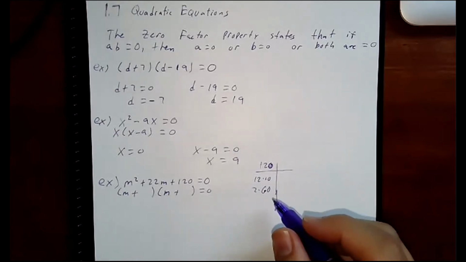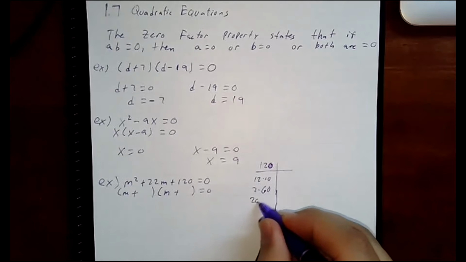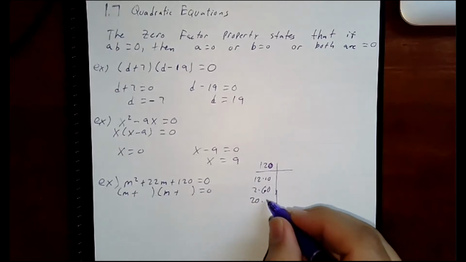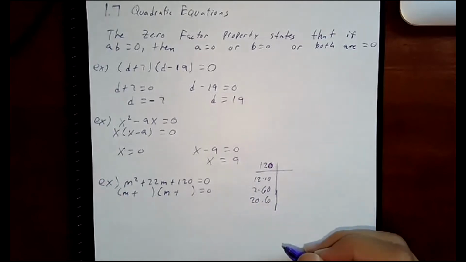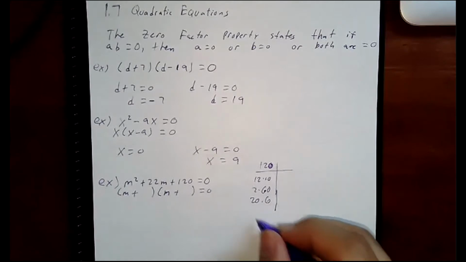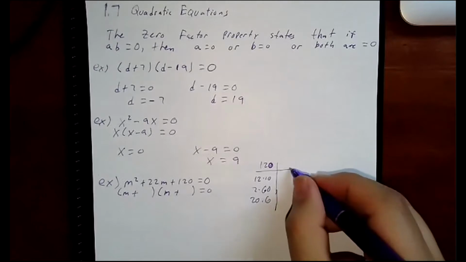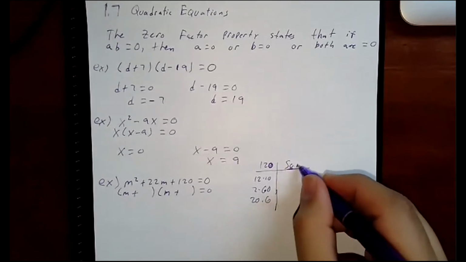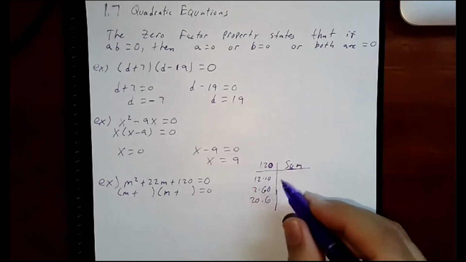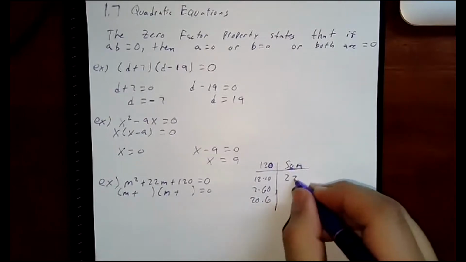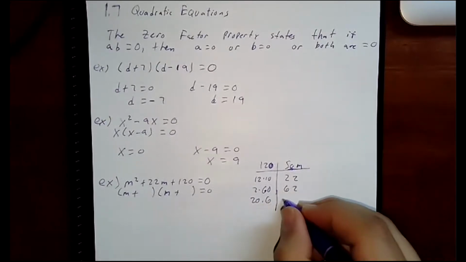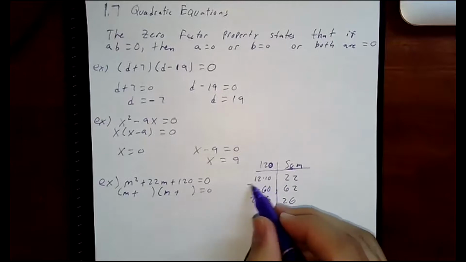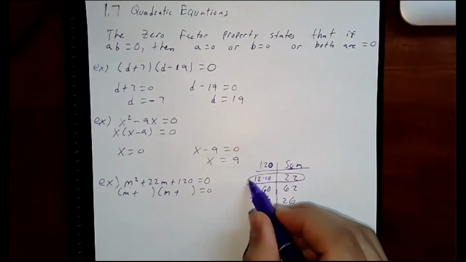What else? 20 times 6. And then we'll add them over here. The sum will be 12 plus 10 is 22. 62, 26. There's still a bunch more, but I can already see that this is the one I want.